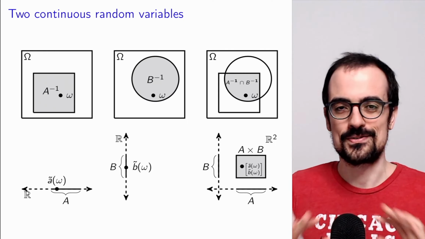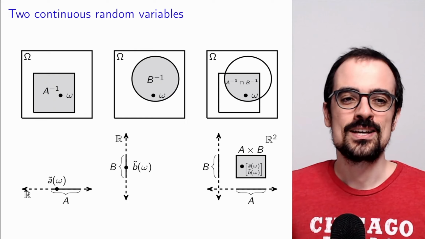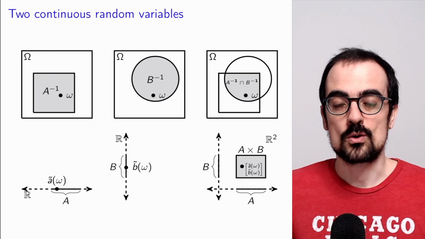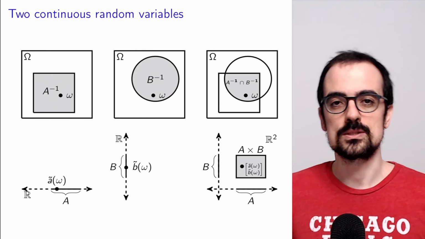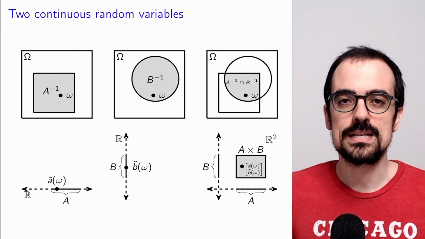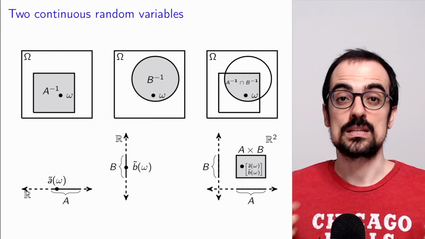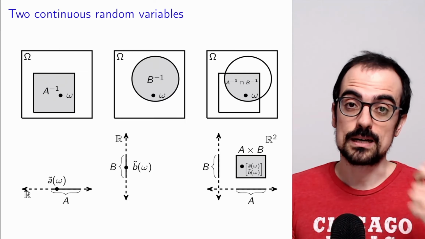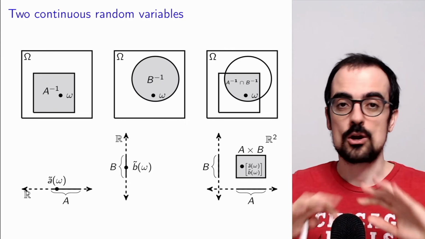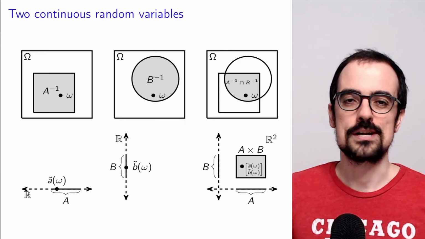The summary is that because of this framework where we define random variables as functions within the same probability space, the probabilities that we are interested in, that the random variables belong to intervals at the same time, are always well defined. We don't have to worry about anything.